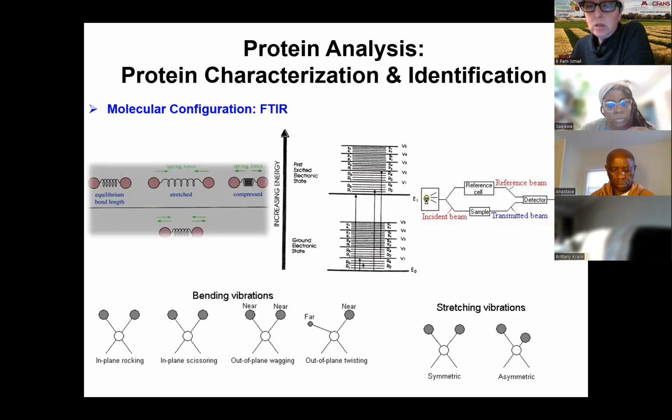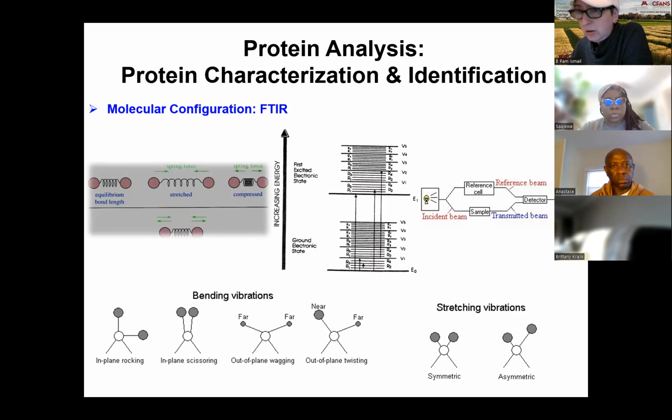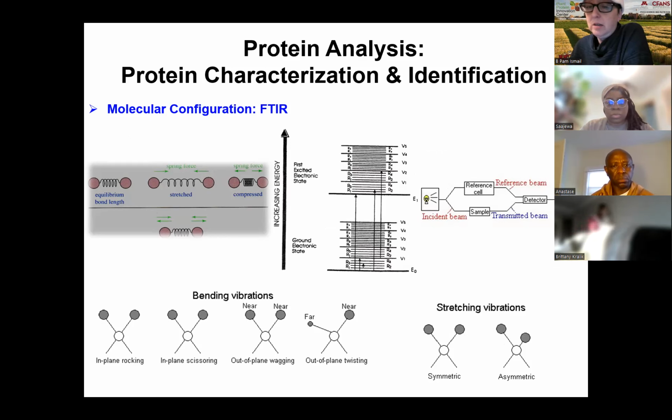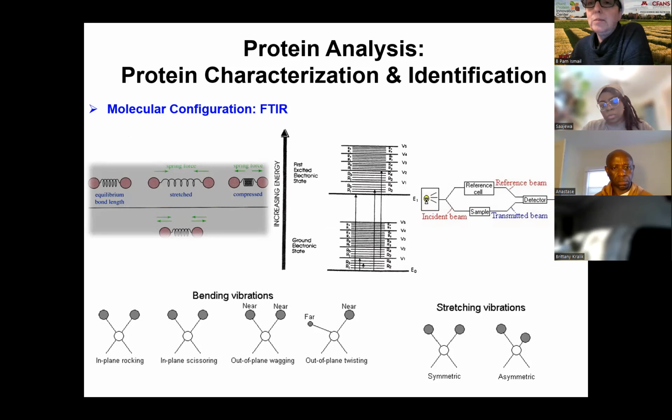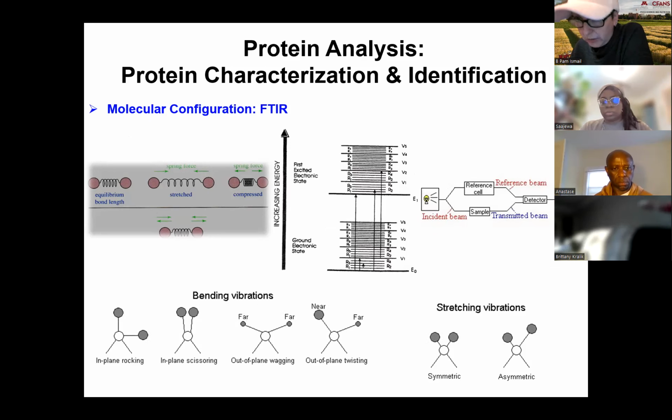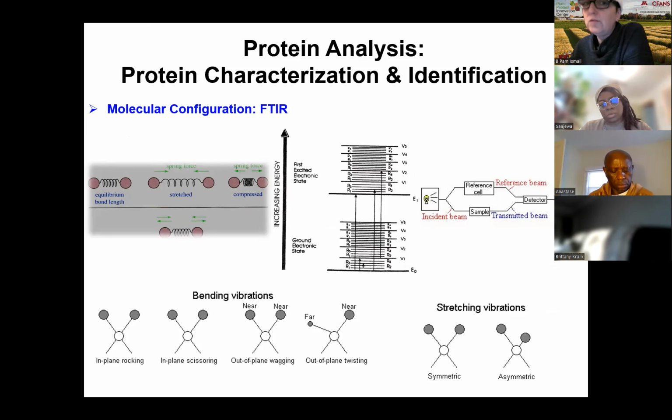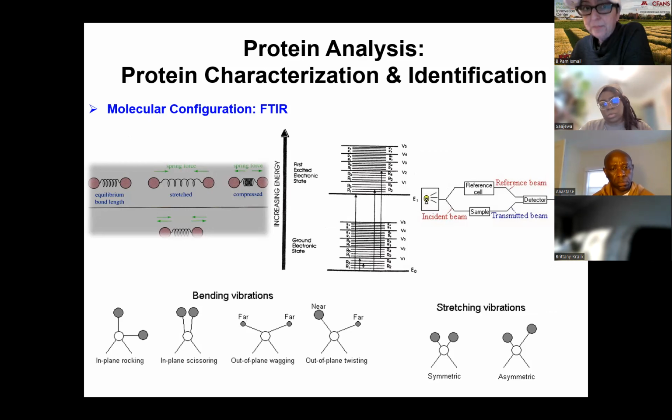FTIR, we use it mostly to look at secondary structure distribution. Just to remind you, FTIR is a method of spectroscopy looking at absorption in the IR region, infrared region. And FT stands for Fourier transform IR.